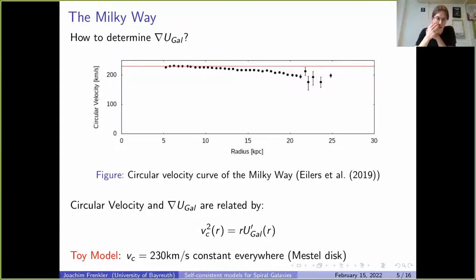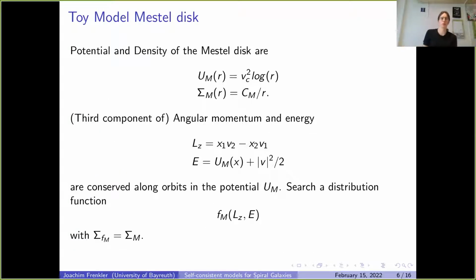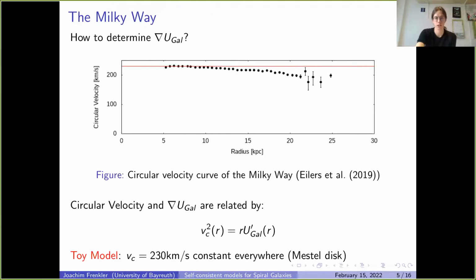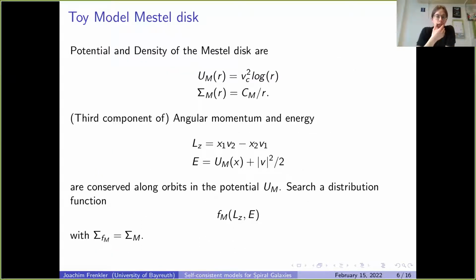Such a model, such a disk which allows such a flat circular velocity curve everywhere is called a Mestel disk. And the potential of the Mestel disk can be written down quite simply, because if you use this formula on the previous slide about the circular velocity curve, you see directly that the potential of such a disk must be given by circular velocity squared times the logarithm of r, because if you take the derivative, you have circular velocity squared divided by r, and then you substitute in this simple formula, and you see that's exactly the potential that we need.